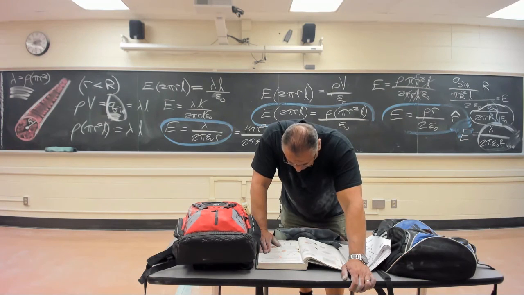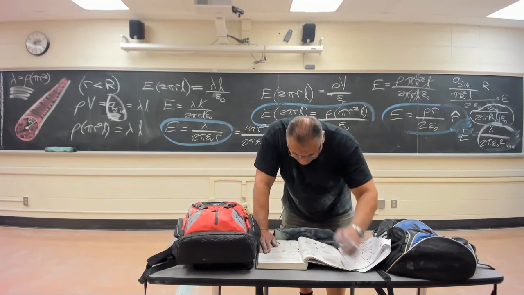Both lines are parallel to the y-axis and are the same distance r from the y-axis. Write where the first wire is to the left of the origin and the second wire is to the right. Use Gauss's law and the principle of superposition to find an expression for the magnitude of the electric field at the origin. They just got to find out what's going on at the origin, guys.